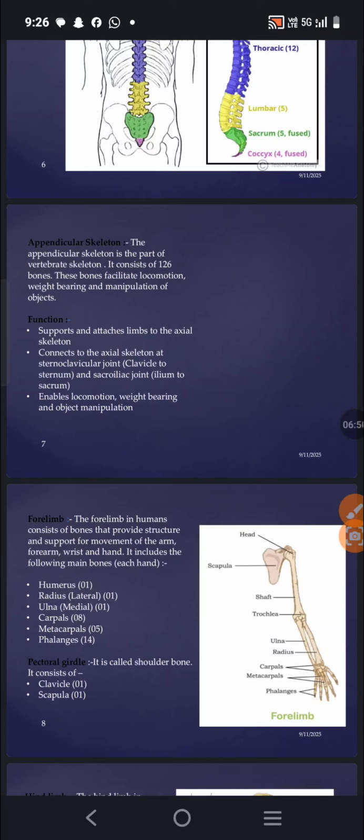The appendicular system is also divided into the following parts. The first part is the forelimb. The forelimb in humans consists of bones that provide structure and support for movement of the arm, forearm, wrist, and hands.